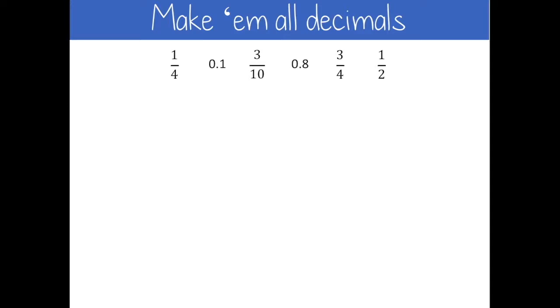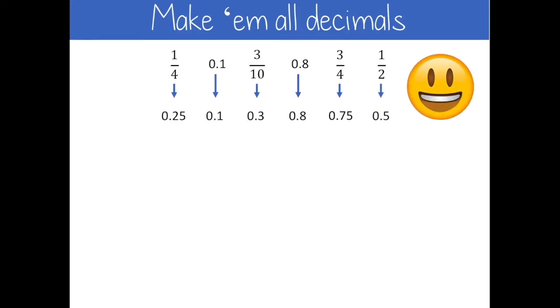Here's a group of numbers that needs order. So we'll start by making them all decimals. 1/4 becomes 0.25. Well, 0.1 is the same. 3 over 10 becomes 0.3. 0.8 is good. 3/4 is 0.75, and 1/2 is 0.5.